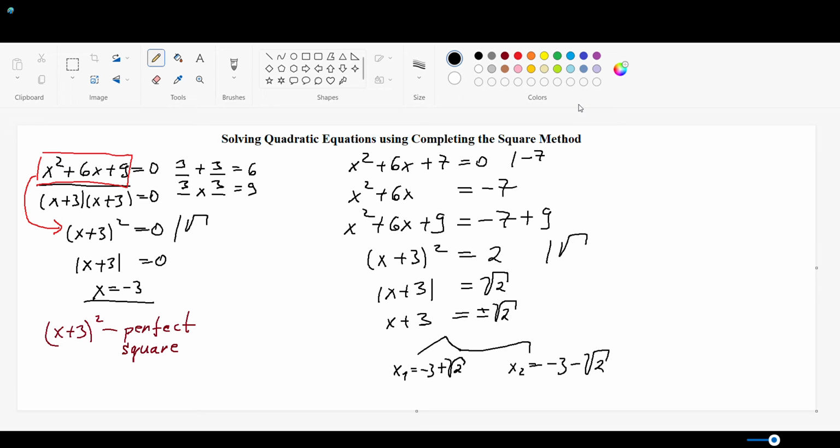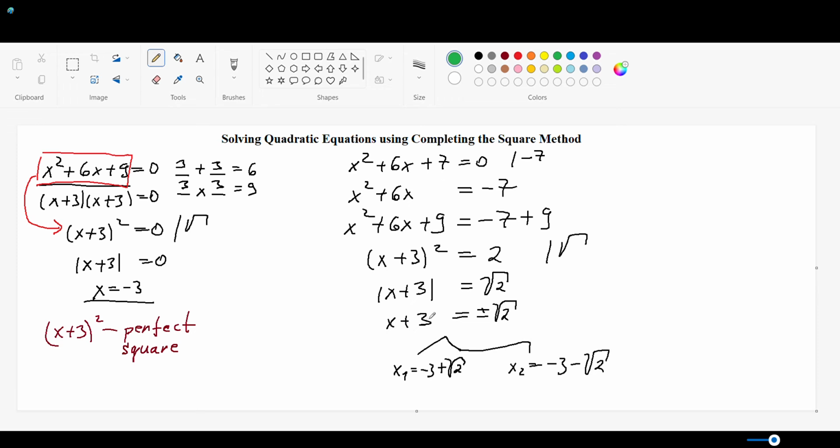My next question is, how can we quickly check that both these roots are the solution of my given equation?